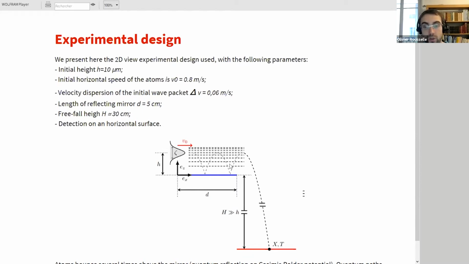Each trajectory is characterized by its position x and t, the time of flight. In GBAR, we plan to produce about 1,000 anti-atoms, so we plan to have about 1,000 detection events at the end, each characterized by its position and time. If we have only the classical free fall, we can do this.